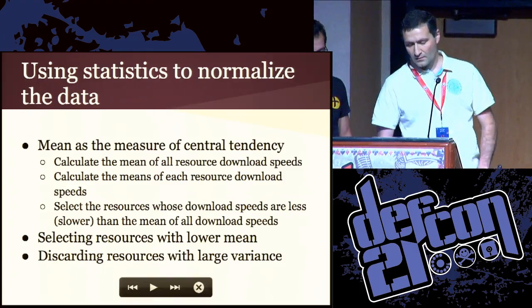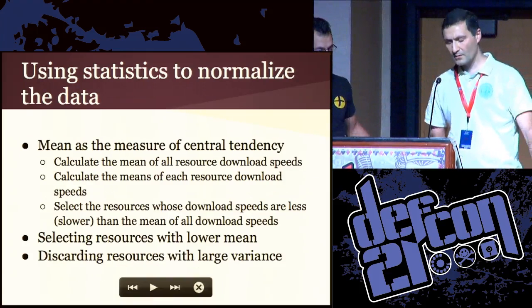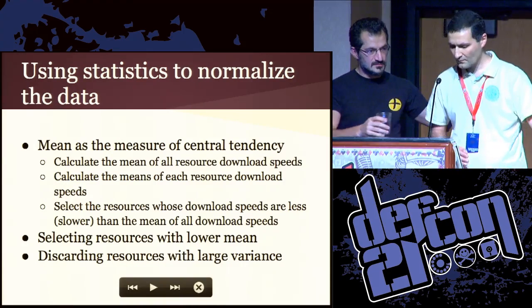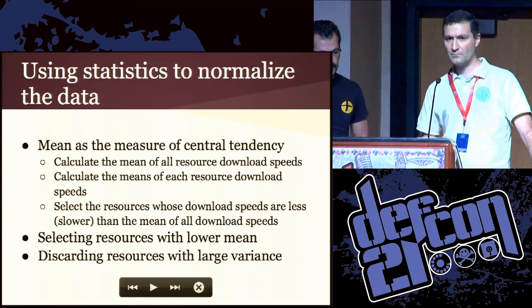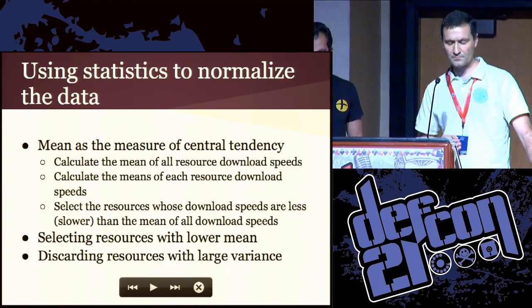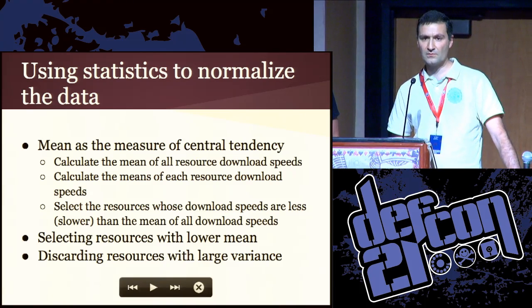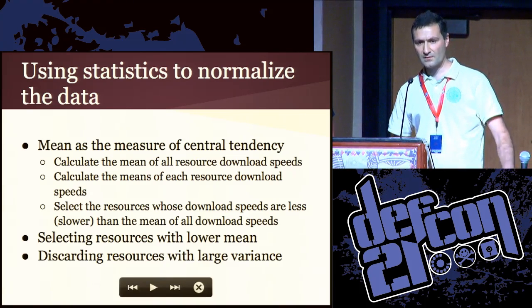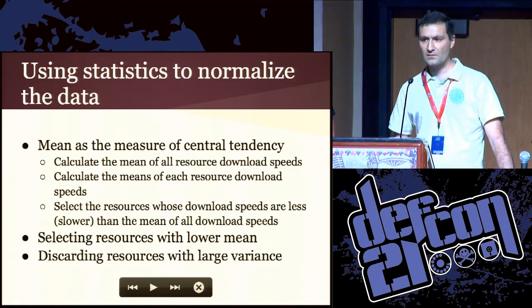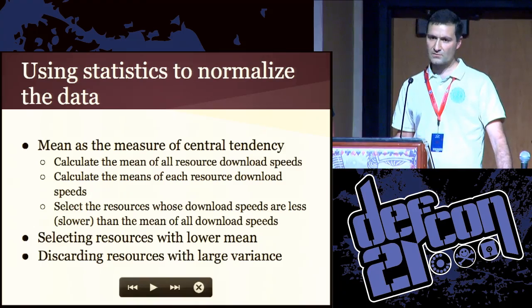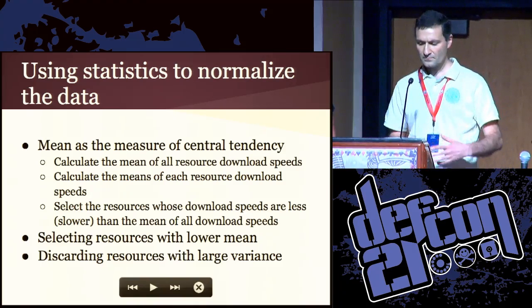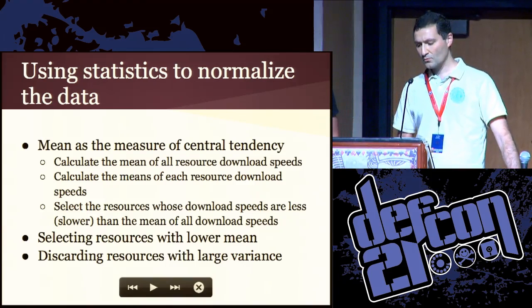So we used to formalize this. We used mean as the measure of central tendency, and we calculate the standard deviation. The resources that have high standard deviation are inaccurate, in that they can be fast or they can be slow, but we can't really tell. So we throw them away.